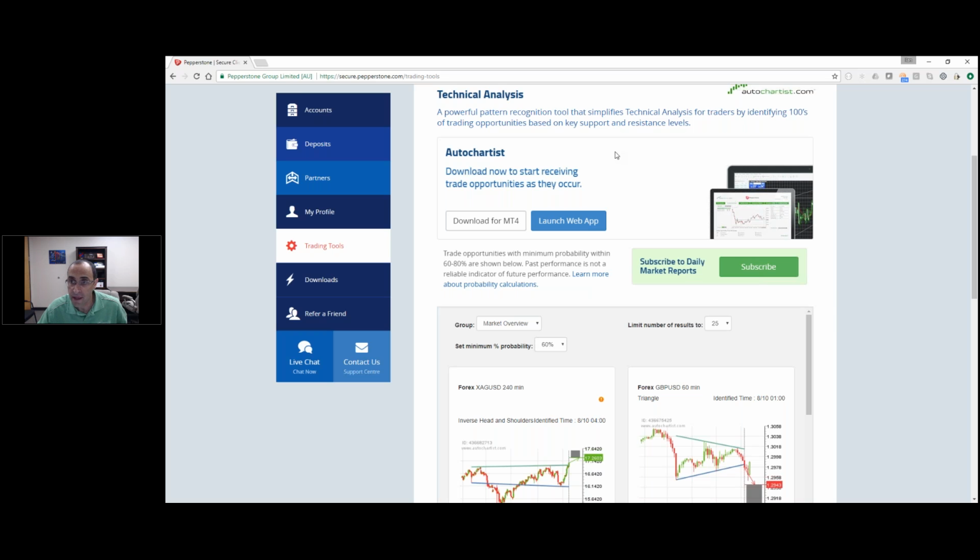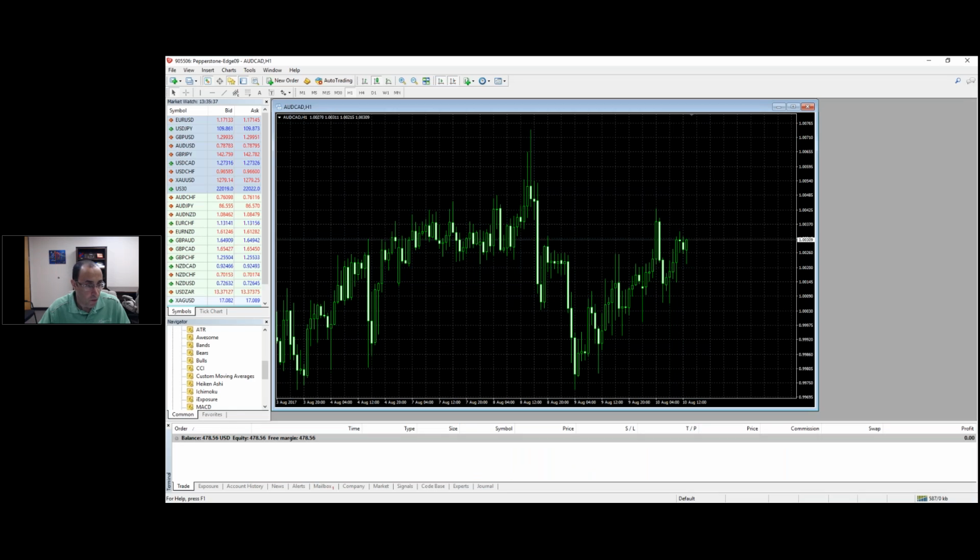But that's briefly how you get the product. What I'm going to be doing is showing you primarily working through MetaTrader. So you download the MT4 link and you go through a wizard process that goes next, next, next, and hopefully at the end of it, you come up with something that looks like this, and you should all see my MetaTrader. I'm just going to see what you all are seeing.